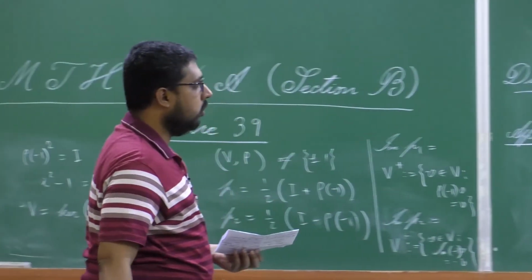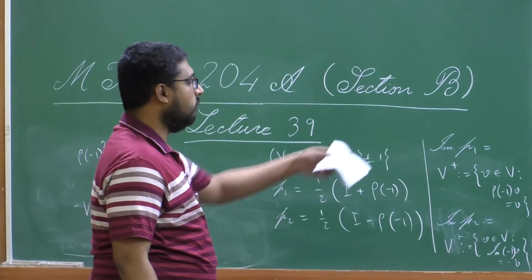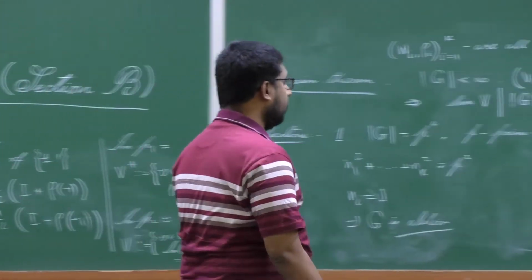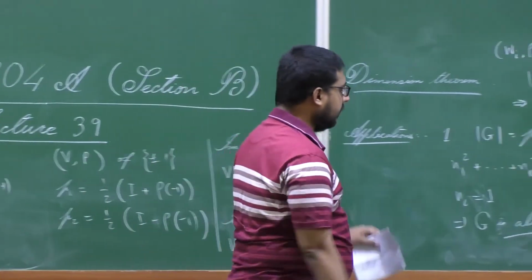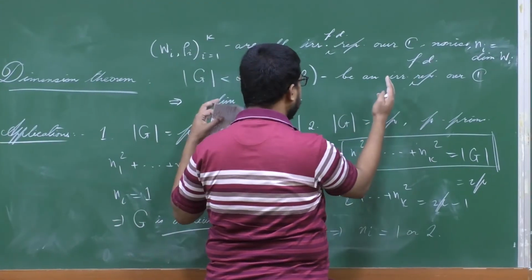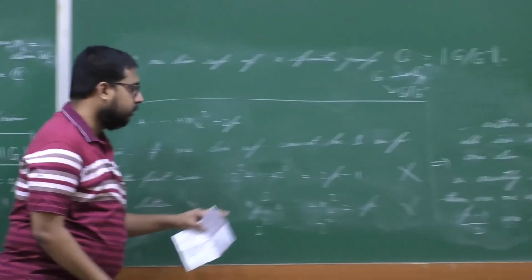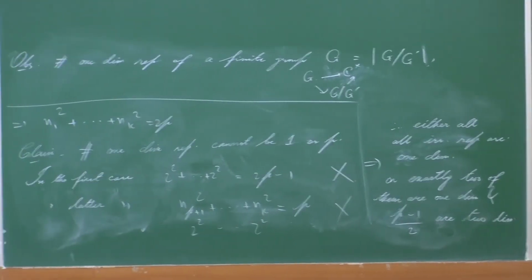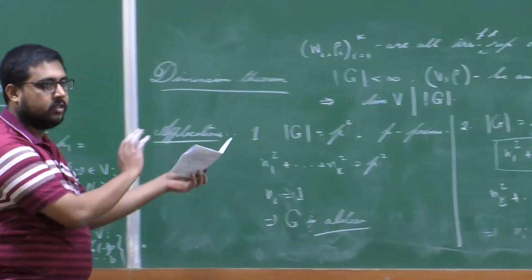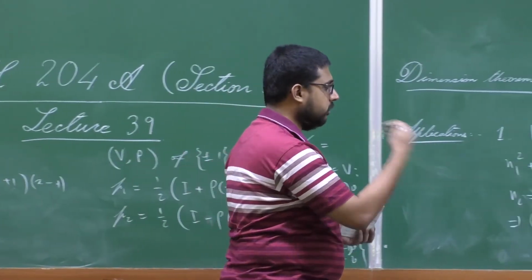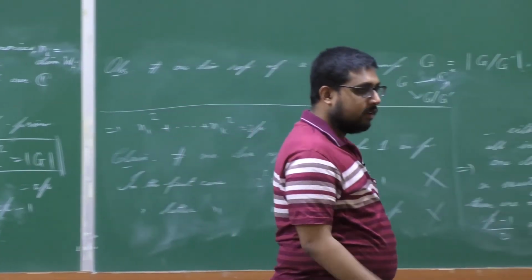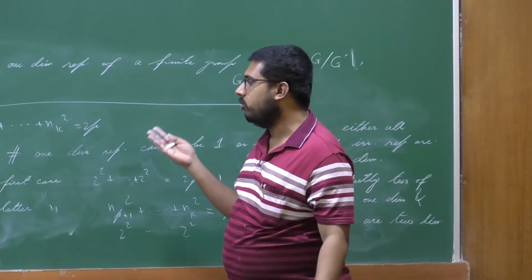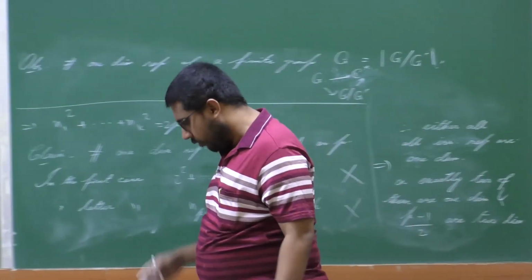Okay, maybe today I won't have sufficient time to prove the dimension theorem. So far we just assume the dimension theorem and have shown some of its applications. Let me first draw a corollary of this dimension theorem. We assume the dimension theorem and deduce that corollary, which is also an interesting one.